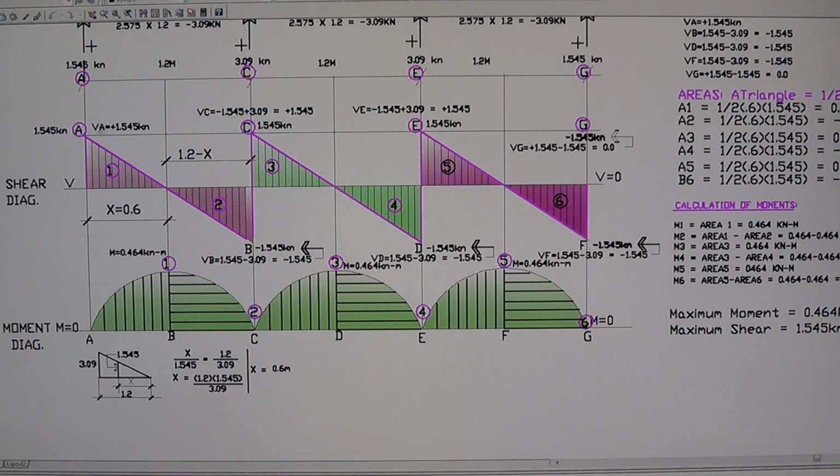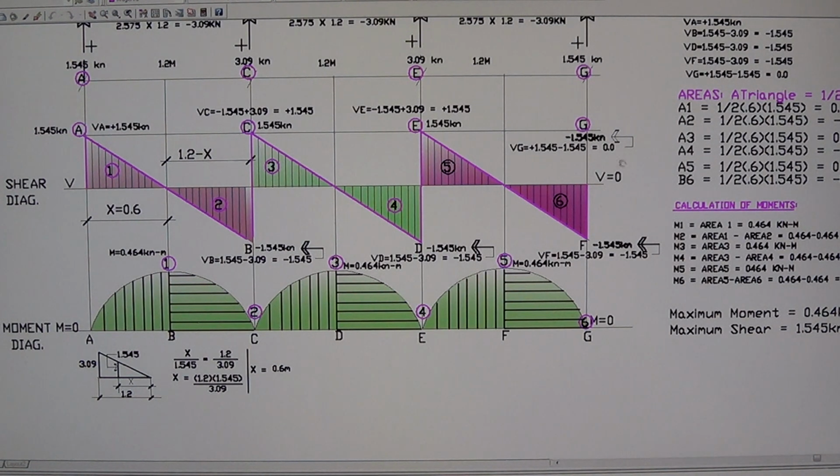We put the 0.6 there. The area 1 is equal to 0.464 kilonewton meter.